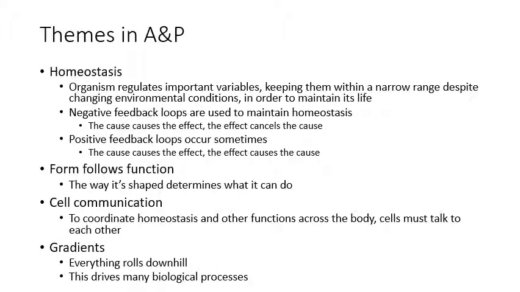And so it's going to follow that gradient down the hill. This is how things move spontaneously, without you having to put in extra energy. So the body is going to be constantly making use of gradients wherever it can to get things done without having to spend extra energy on them. And we'll actually go into that more in a moment here.